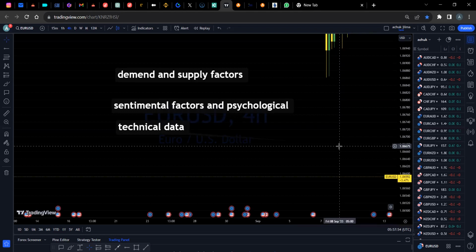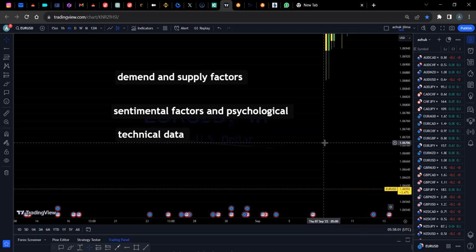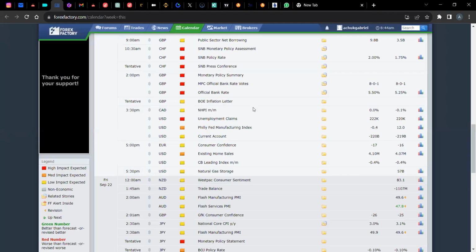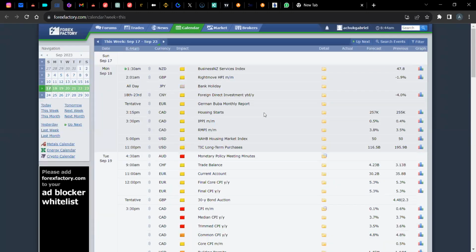So I give you an example. Every month we have CPI and other technical data coming out. If I just take this coming week and we look at the technical data, we will see how it is going to drive price.